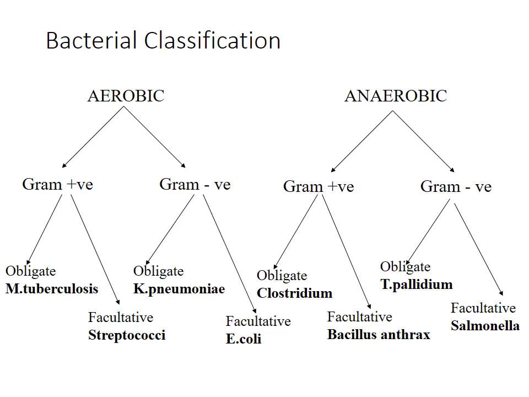Depending upon gram positive and gram negative staining, they are further classified as gram positive obligate, gram positive facultative, gram negative obligate, and gram negative facultative. So the further classification is as follows.